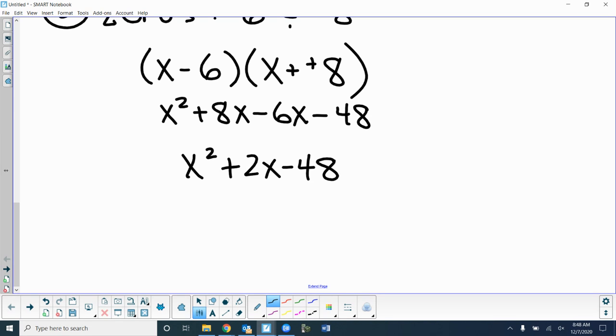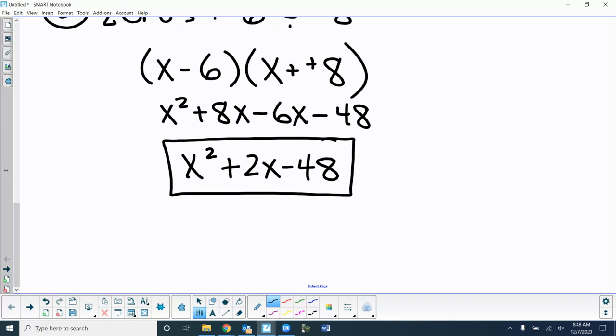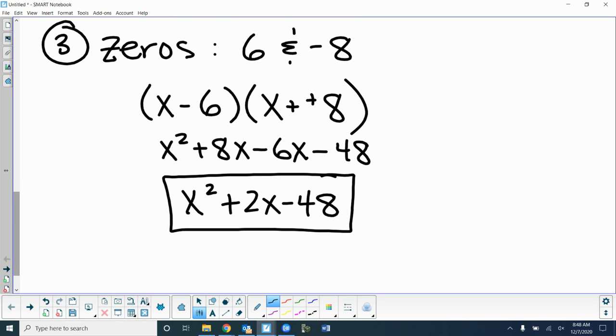That's the quadratic function that goes with those 2 zeros. If I were to solve that quadratic equation or quadratic function, I would get 6 and negative 8. So just going backwards. That's an easy problem. Just write x minus in front, and then FOIL. Questions?